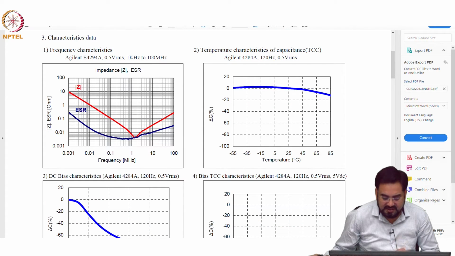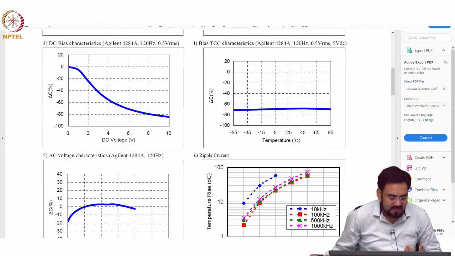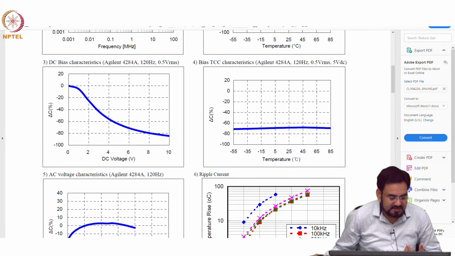Temperature behavior is not that bad; you can see temperature is not causing much change, hardly 10% or so. But look at this, this is your DC voltage.